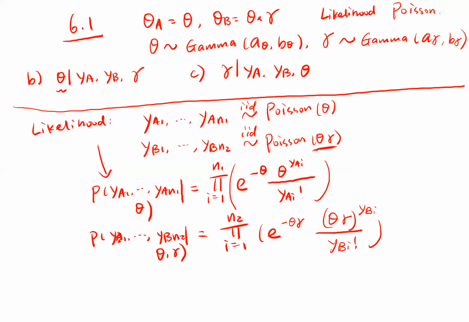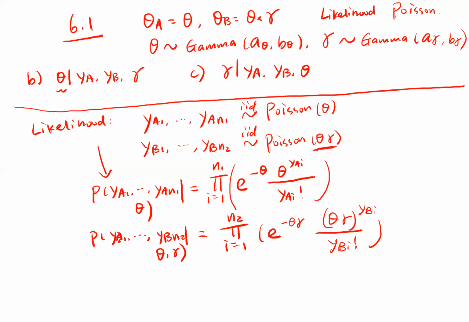So you're conditioning on both parameters. Personally, I would like to write all of the parameters separately, because in the end you will try to derive the full conditional for them separately. Okay, so this is the likelihood.